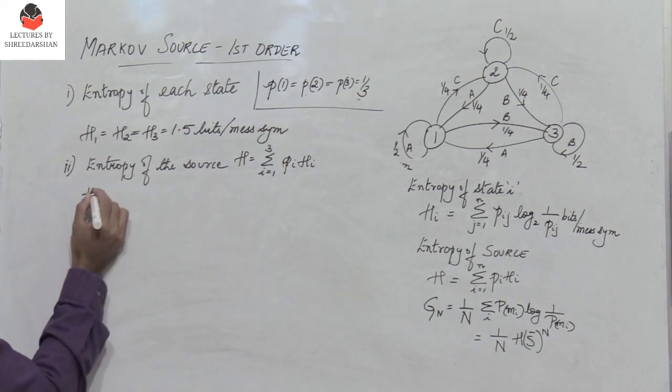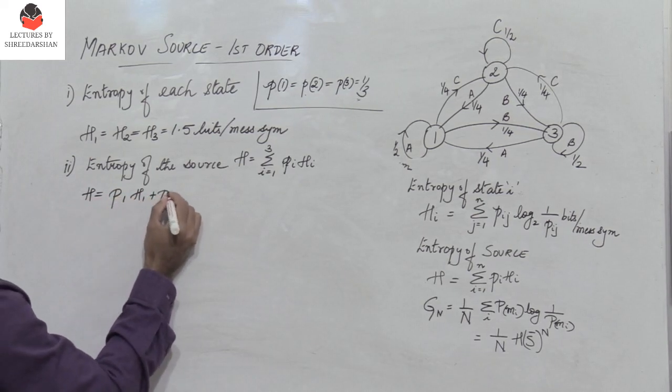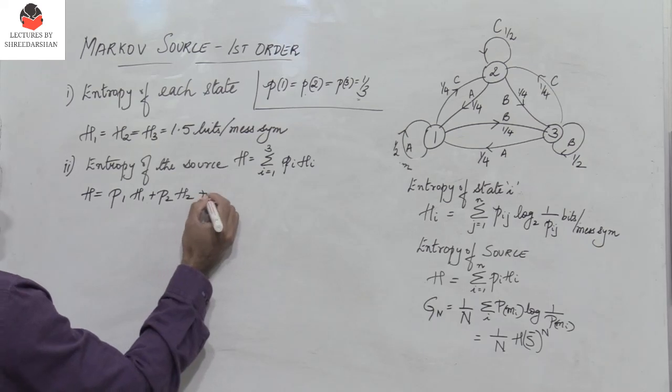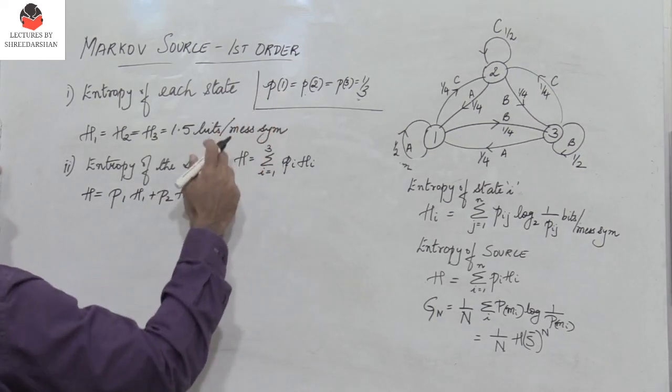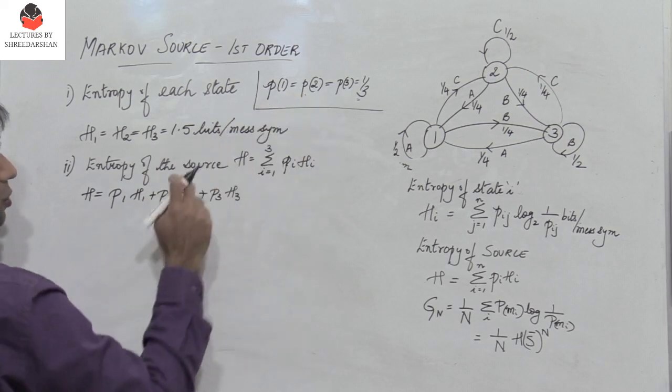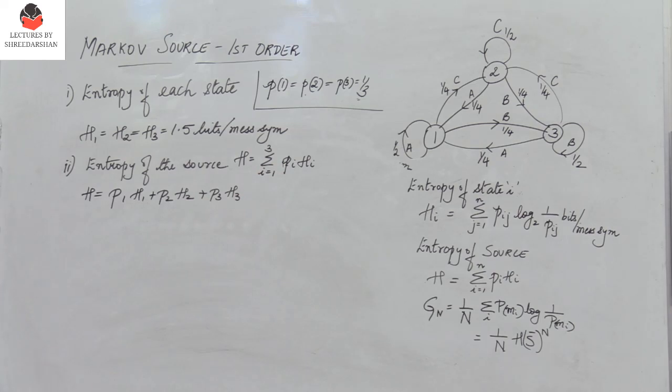So H equals P1 H1 plus P2 H2 plus P3 H3. So P1 is nothing but P of 1, P2 is nothing but P of 2, P3 is nothing but P of 3, and all of them are equal to 1 by 3.